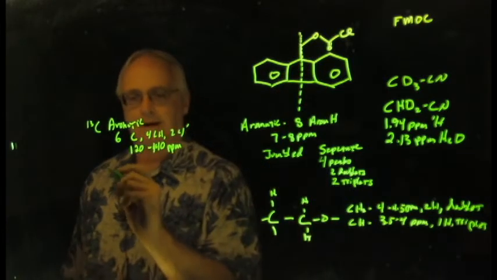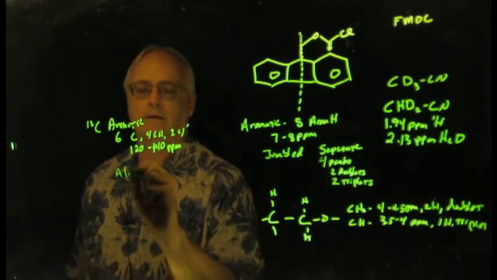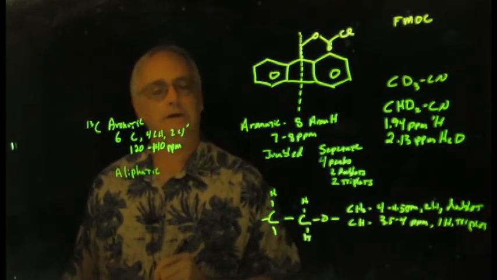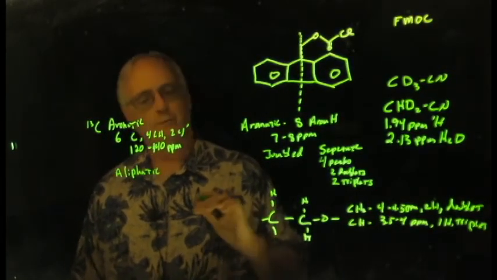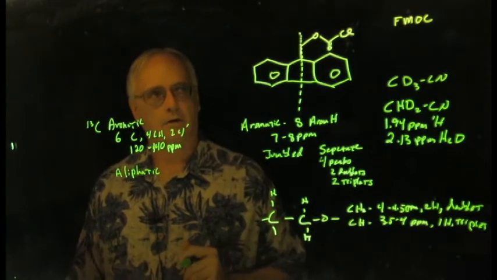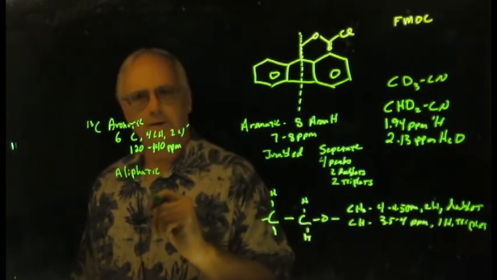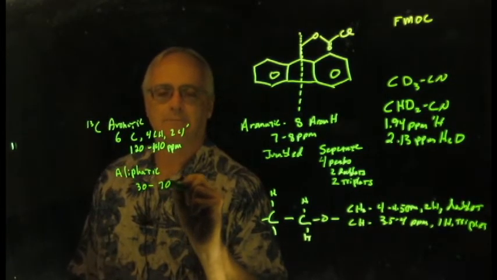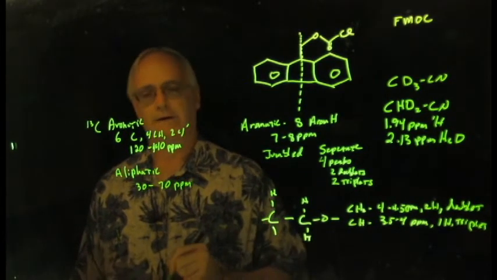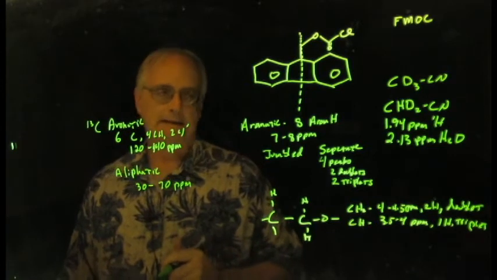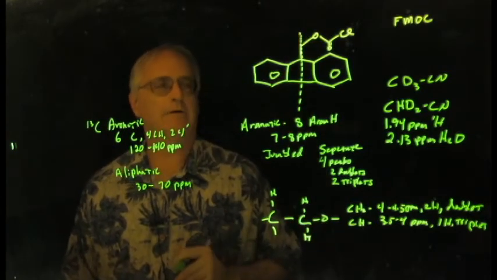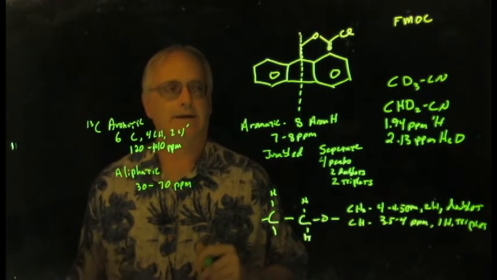These two, the aliphatic carbons, the CH and the CH2. Chemical shift-wise, that's a pretty crowded region. For these, maybe 30 to around 70 ppm is the region to look for here. Like I say, a lot of stuff comes in there, so it's going to be a kind of a crowded region, not a lot distinguished here.